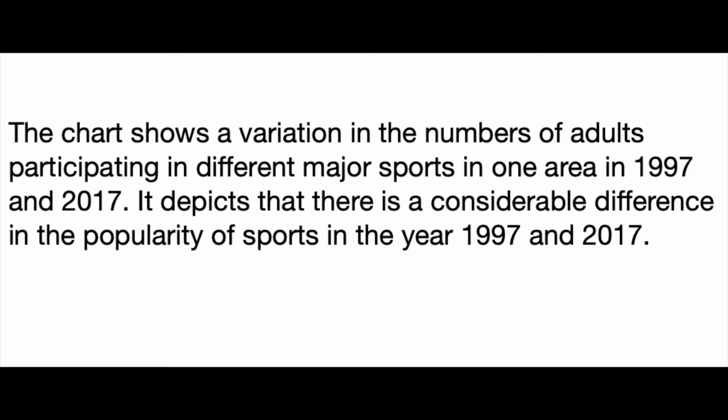It depicts that there is a considerable difference in the popularity of sports in the year 1997 and 2017. So basically, in the introduction, all we have to do is explain in our words what this chart is about, what it is representing. So that's all you have to do in the introduction.